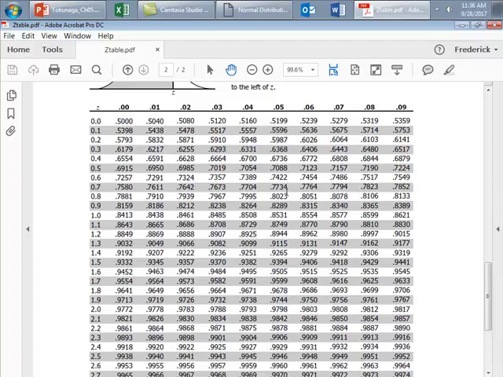So 1.33, the 3 is the tenths place. The next number after that is the hundredths place. And 1.30 is the first column. 1.3 down from 0 gives 0.9032.